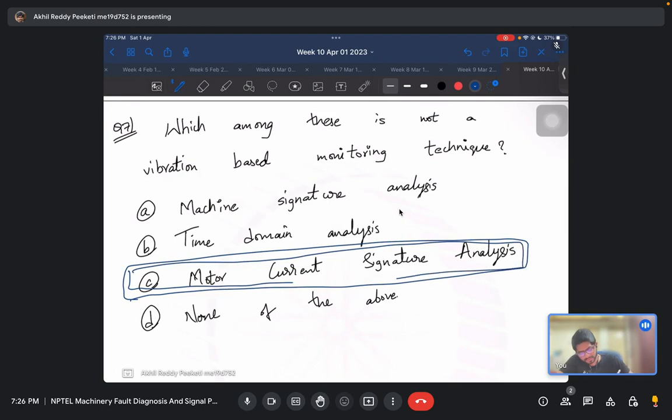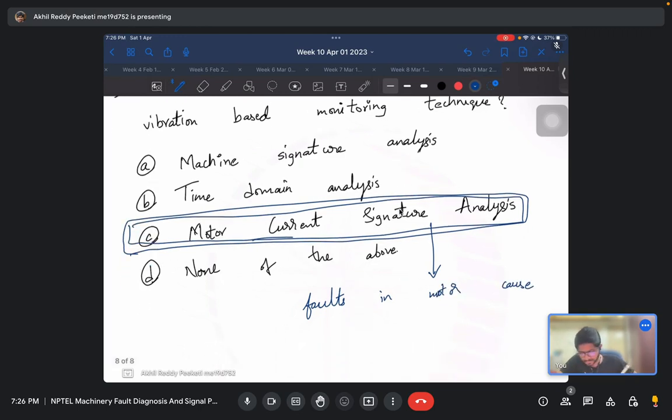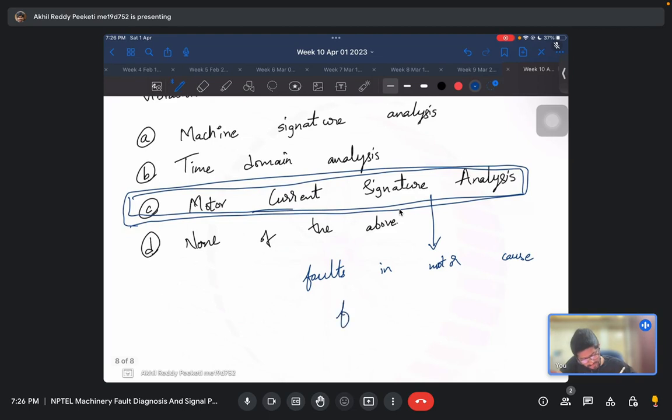because the electric motors are run by current, and by tracking the current as a function of time and analyzing that, you can actually characterize the kinds of defects in the motor itself. If there are any faults in the motor, they cause frequency modulations of the signal.